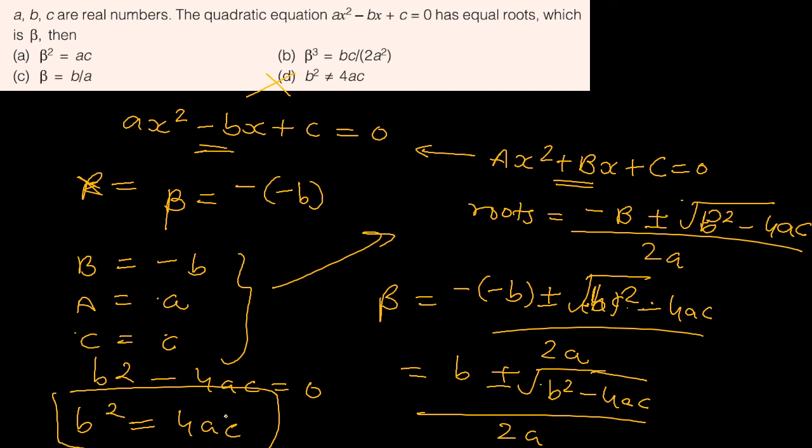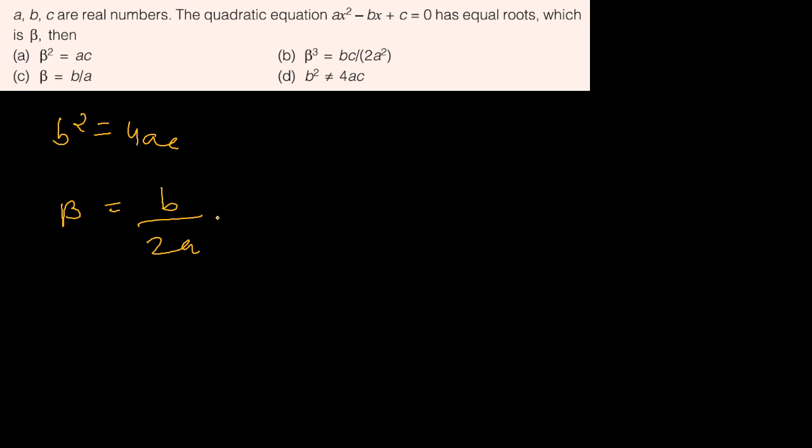Let me clear this display. Okay, so we got b square is equal to 4ac, and we know that beta is equal to b upon 2a.